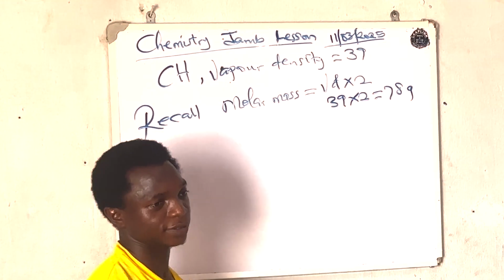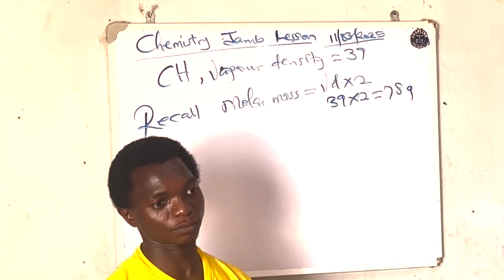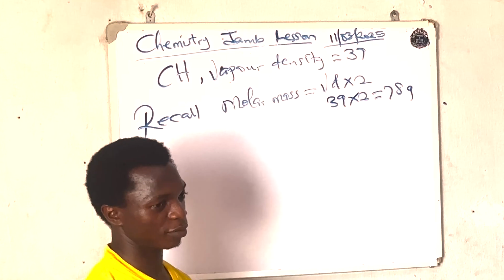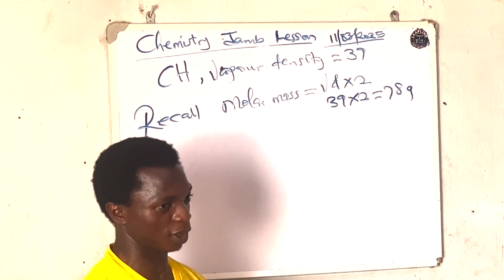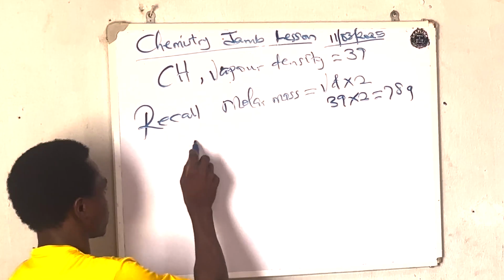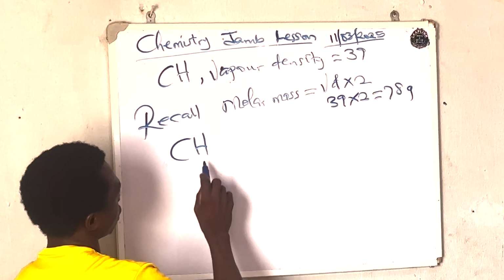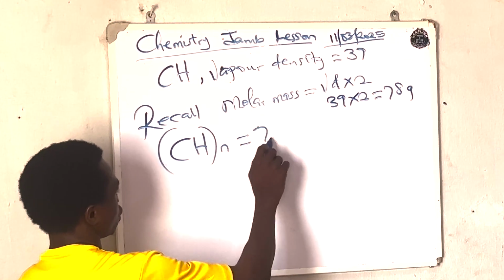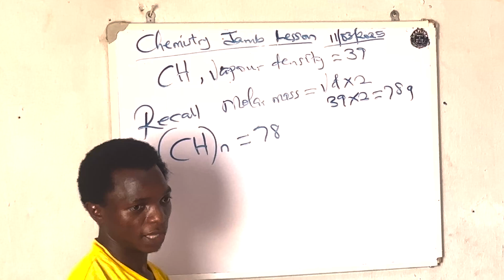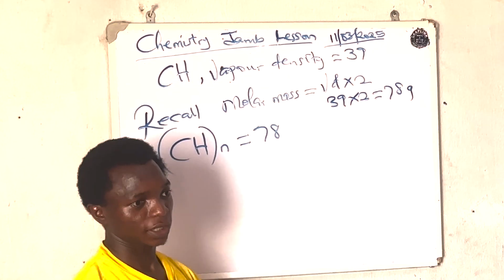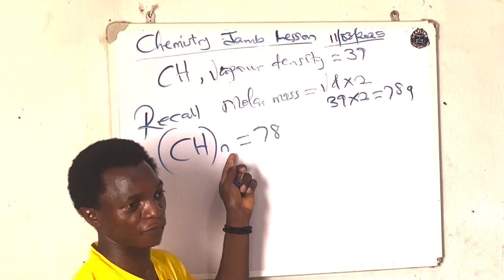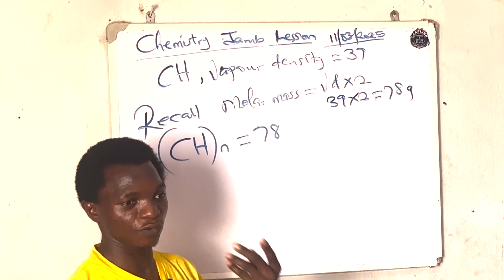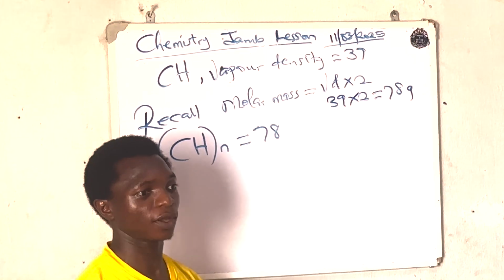That is the molar mass of the compound altogether. But remember, we are looking for the molecular formula, and the empirical formula is CH. Now, (CH)n is equal to 78.